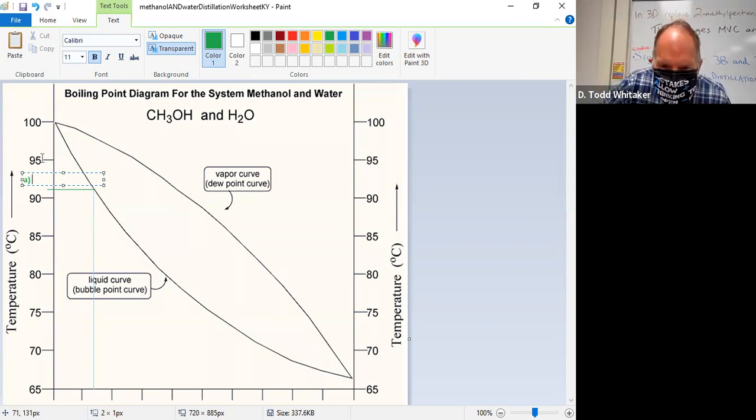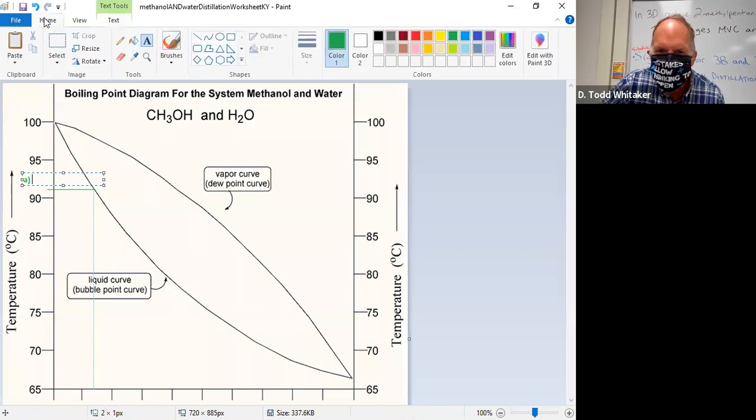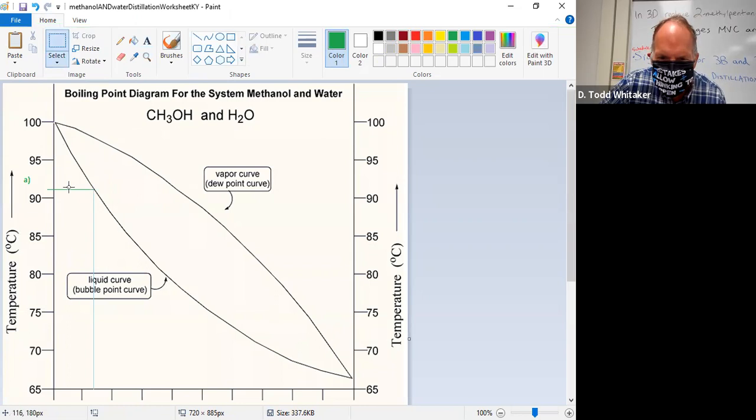Graph reading 101. What do you got? 90, 95. There's 92.5 in the middle. 92.5, 92's there. That looks like almost 91 on the button, doesn't it? Thoughts? I like thoughts. Okay. Select. I can't select my line.